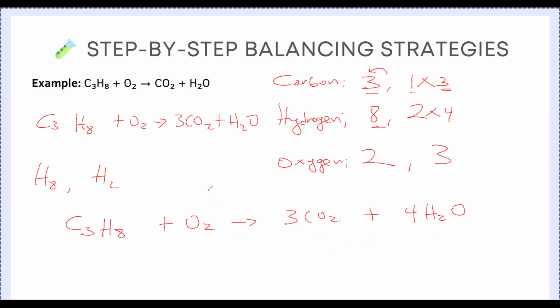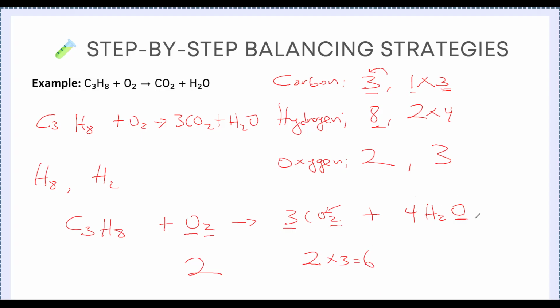And then finally, we have oxygen. Oxygen, how many atoms of oxygen do I have on the left? You can see oxygen over here. How many atoms? It has a subscript of 2, which means there are 2 atoms of oxygen on the left. On the right-hand side, how many times does oxygen appear? You can see oxygen over here. It has a subscript of 2 and a coefficient of 3. That's 2 times 3, which gives us 6. Oxygen also appears here. You can see that.